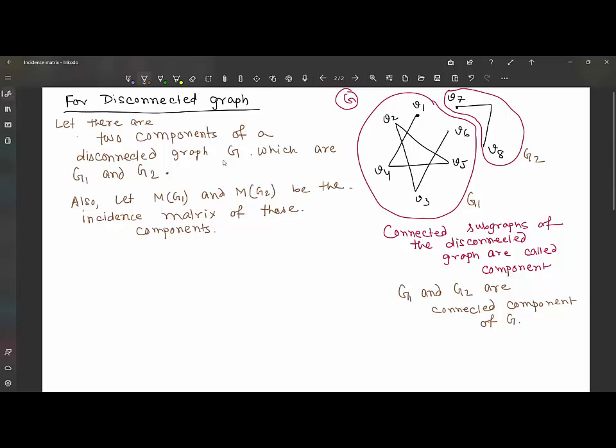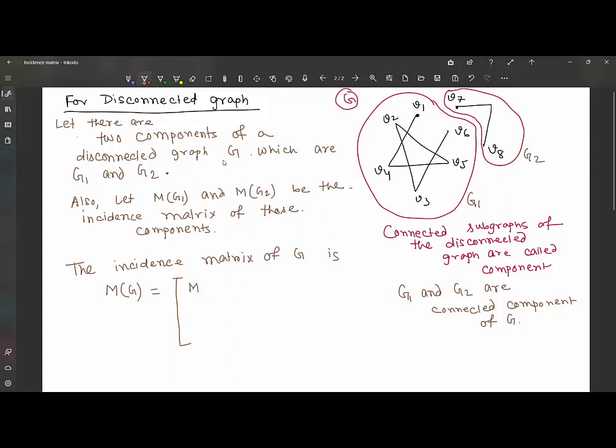So after that, the incidence matrix of the original graph G is M of G, and it looks like this: just place these two matrices diagonally.